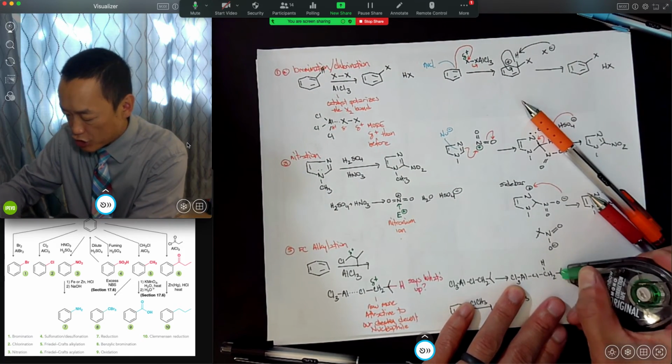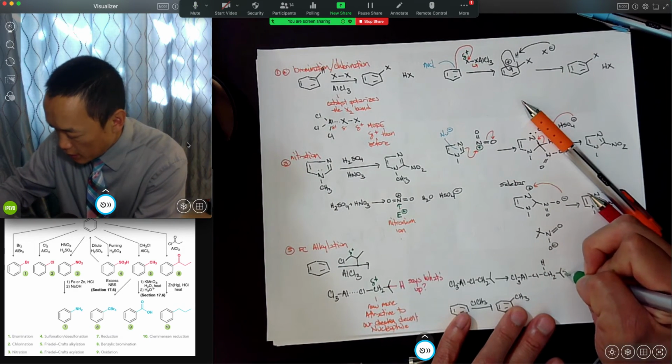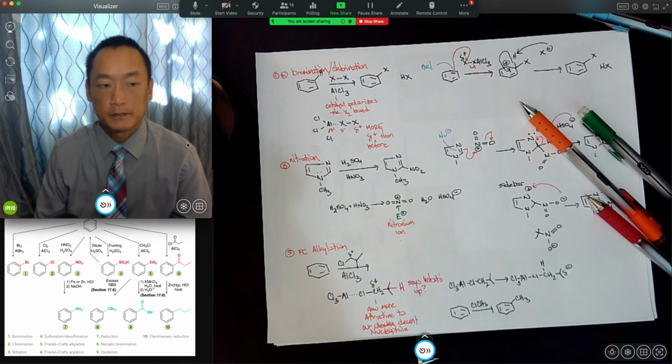A hydride shift will occur. I will move a hydrogen and its electrons to the neighboring carbon atom instead.